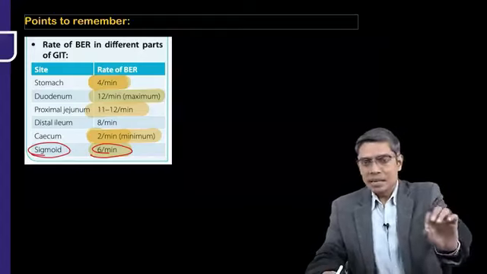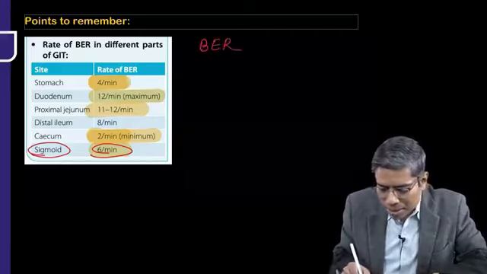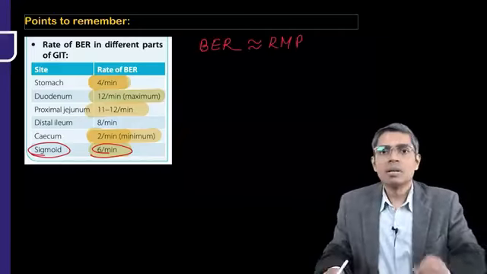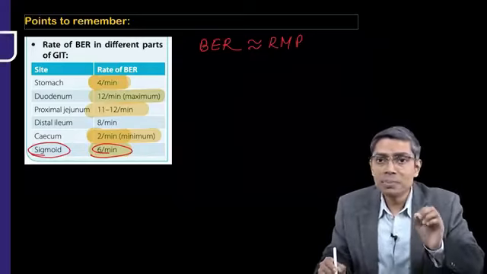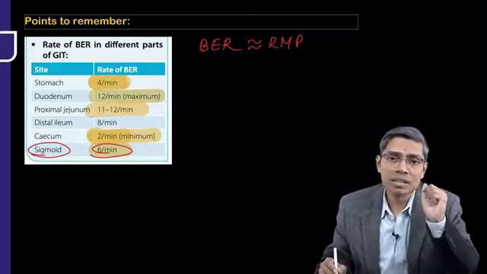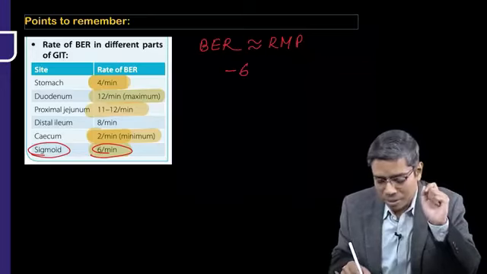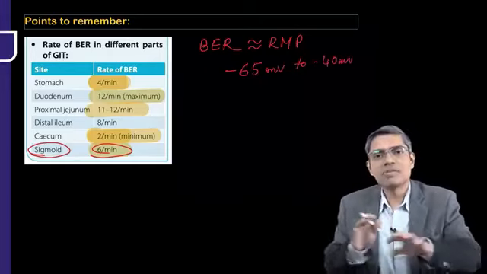Now this BER, basic electrical rhythm, what is this? So please remember, BER is nothing but the resting membrane potential of smooth muscle cells of GIT. What is that? The resting membrane potential of smooth muscle cell of GIT moves from minus 65 millivolt to minus 40 millivolt, meaning it's not a fixed voltage.